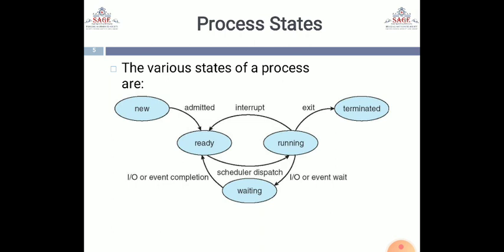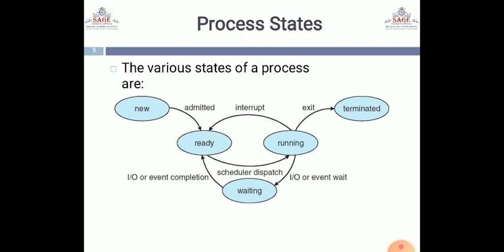Another thing is that whenever it gets an input output or event wait, it goes to the waiting area. The waiting area is a type of pool or queue where the suspended or waiting processes are placed.